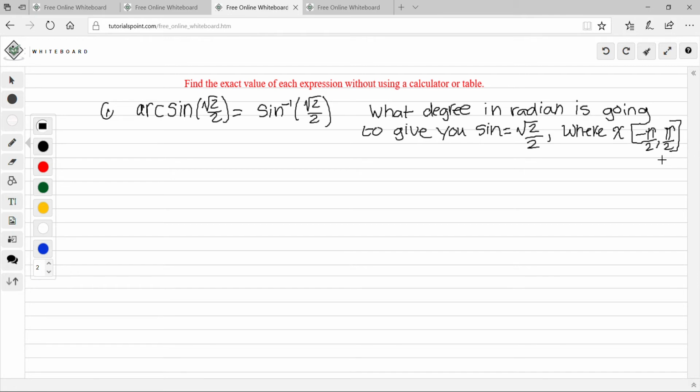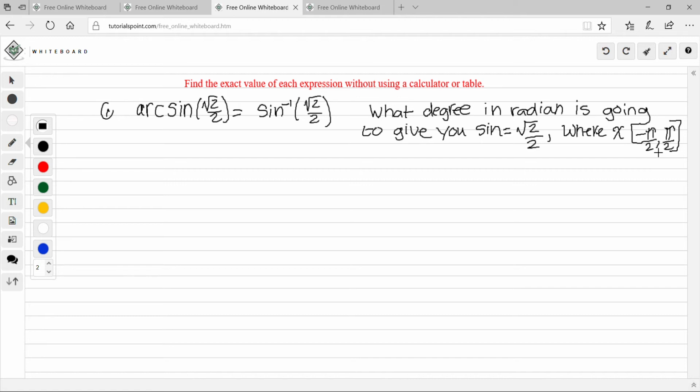Where I got negative pi over 2 to pi over 2 is basically the range of the sine inverse graph. So if you want, you can go back and look over the sine inverse graph, and that's how you get negative pi over 2 to pi over 2.